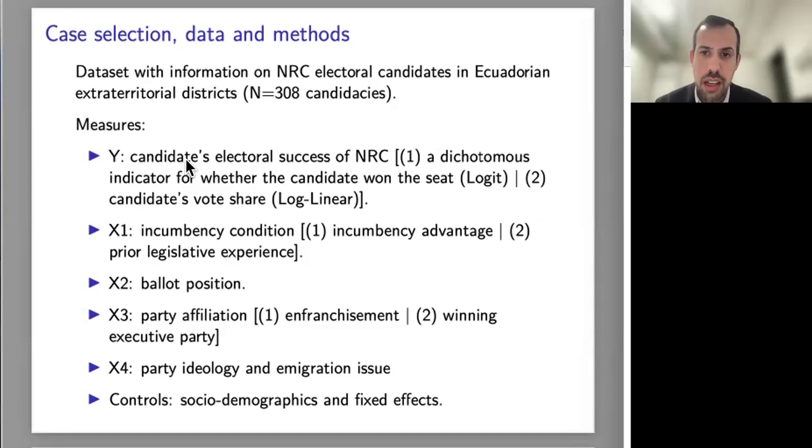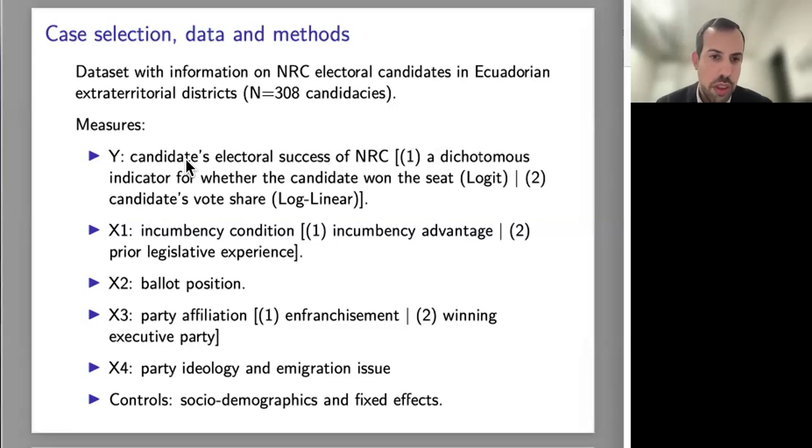Basically, first we include the dichotomous indicator for whether the candidate won the seat or not. And then we use the vote share of each candidate. Technically speaking, the first indicator is measured with a logistic regression, and the second indicator is measured with a log-linear regression.